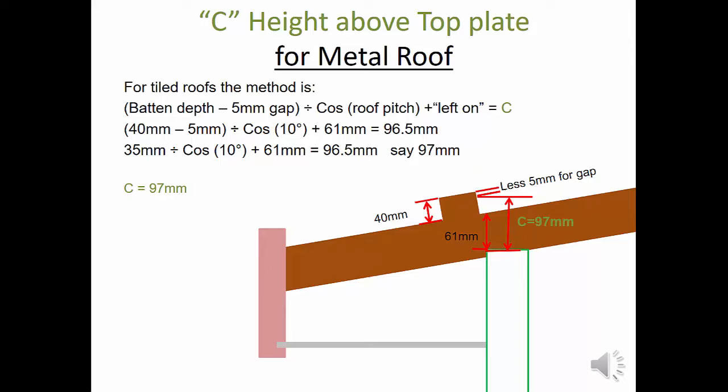So the calculation is bracket, batten depth of 40 mm minus 5 mm gap, close bracket, divided by cos 10, plus 61 mm left on. This gives us a height above top plate of 96.5 mm, say 97 mm.